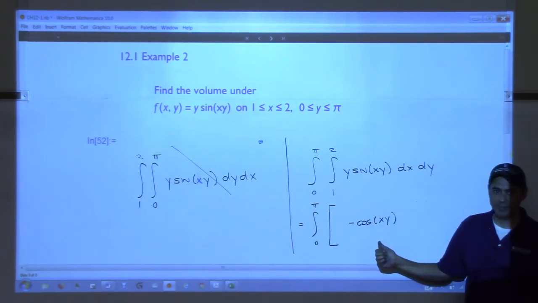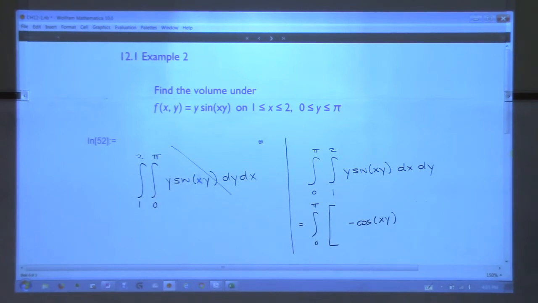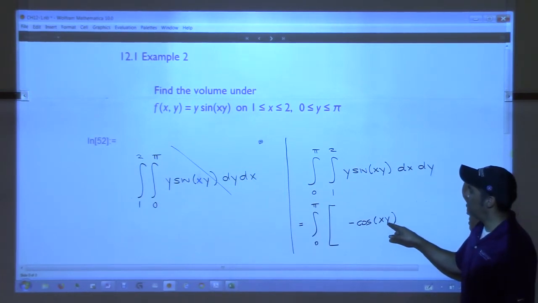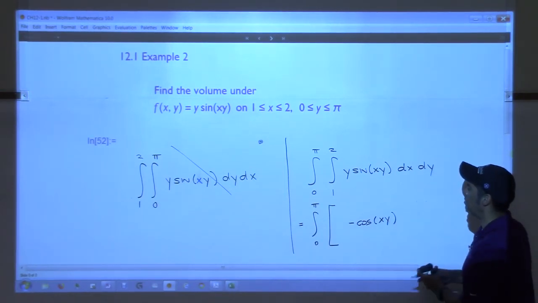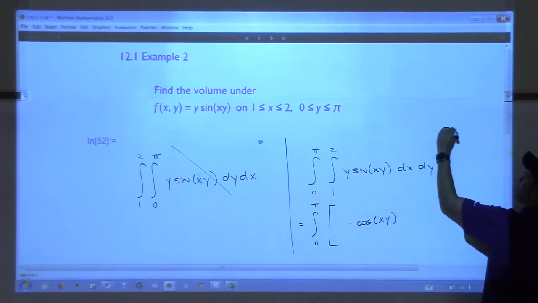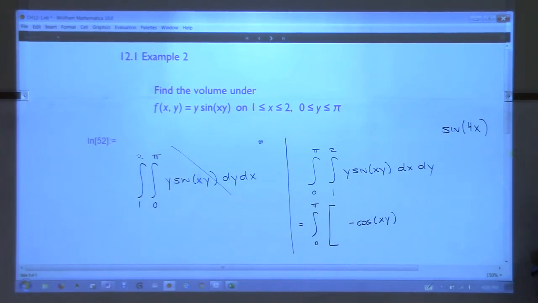Go ahead, ask. Why would it be negative y cosine xy? The y is a constant here, right? Yes. Okay, so let's do it this way. Sine of 4x. What's the antiderivative of sine of 4x?